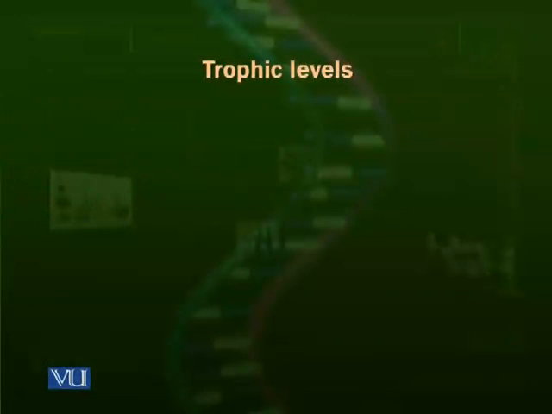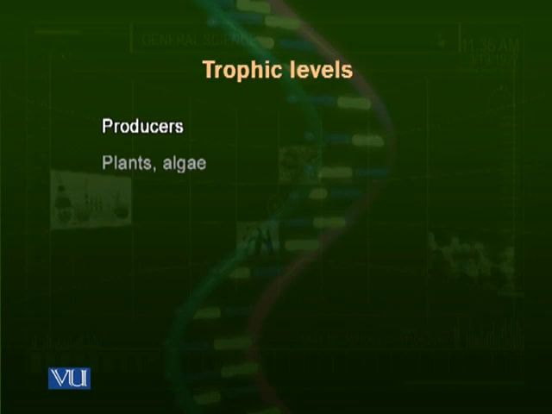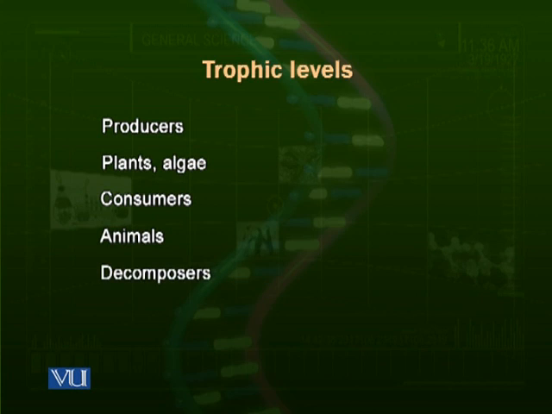So there are three major trophic levels: producers, the plants, the algae, the photosynthetic protista, unicellular organisms, photosynthetic bacteria; the consumers, which consist of different types of animals, plant-eating animals, the meat-eating animals; then the decomposers, the third level, which are fungi, different types of bacteria, and some different types of worms like earthworms. So trophic level consists of producers, consumers, decomposers.